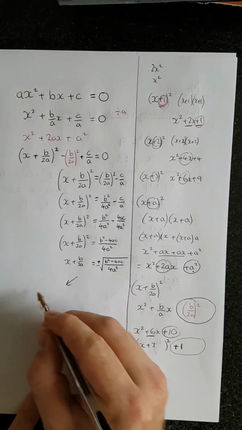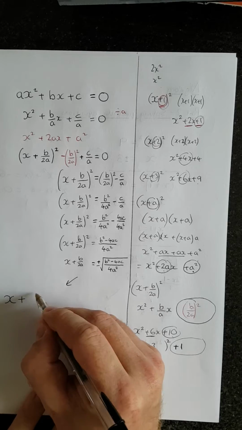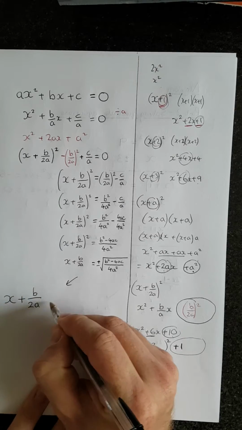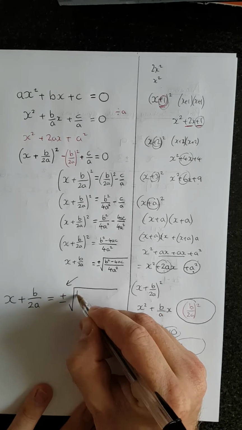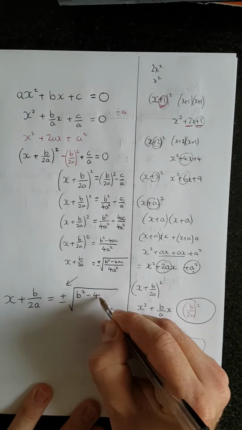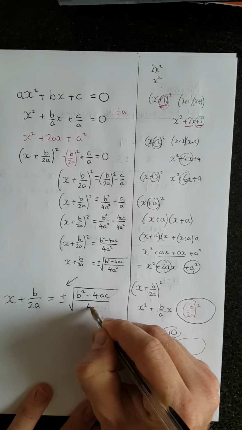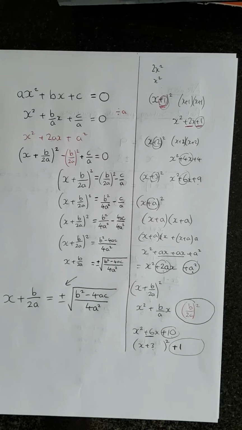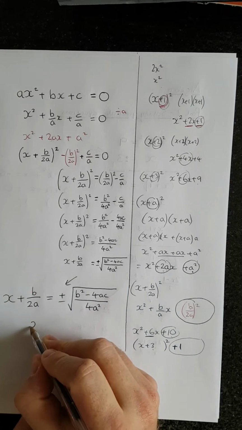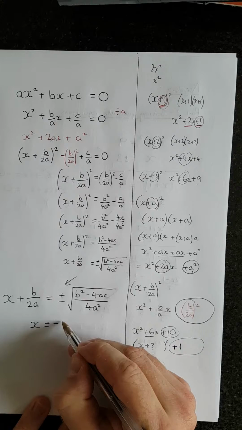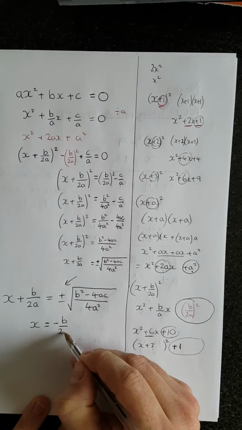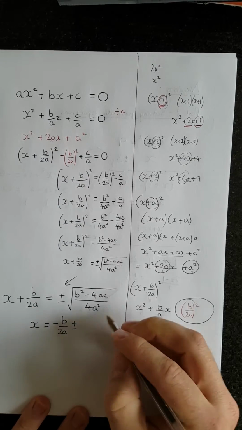I'm going to move this way and write bigger to give you more chance to see. And if you've done this topic before, right now you should really start to go, aha, I can spot where he's going. Now, I want to know what x is, so I'm going to take this thing off. I'm going to put it at the front, like this, and then put the plus or minus.